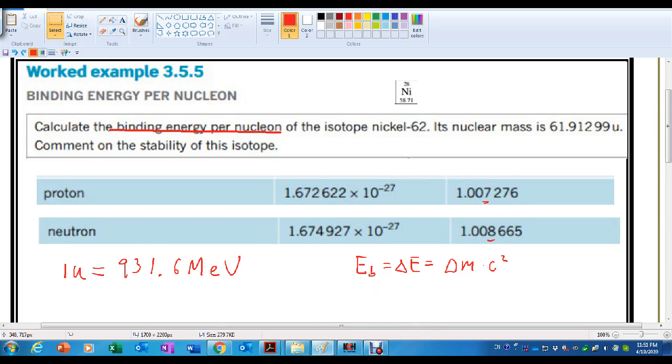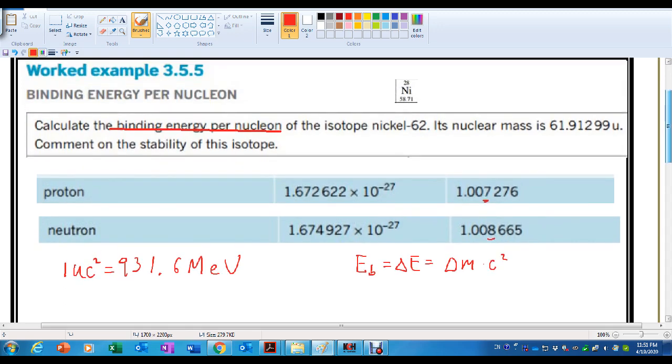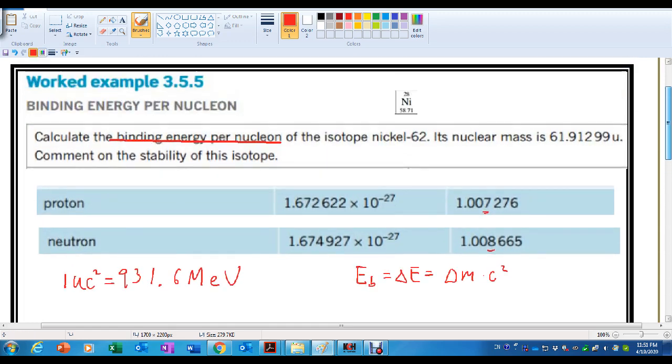That's where we have bad habits: sometimes the book will write 1U equals, when it should be 1U C squared, so sometimes I get the wrong impression about this. So you have 1U C squared, everything's ready, and you can calculate that number.